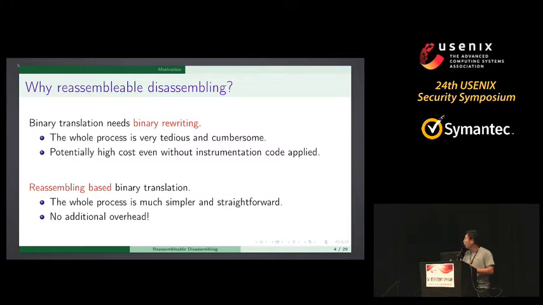We emphasize the whole process could become much simpler and easier, and it actually requires users without any background knowledge about binary rewriting to handle the whole process, and especially instrument some stripped or legacy binaries. And also, no additional overhead will be brought in this process, because essentially we do not use binary rewriting at all.